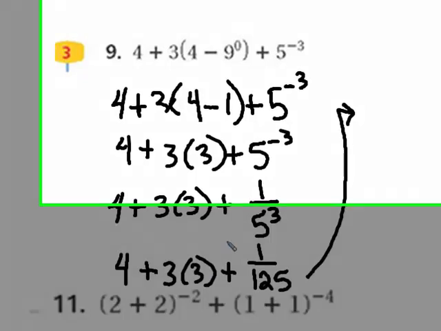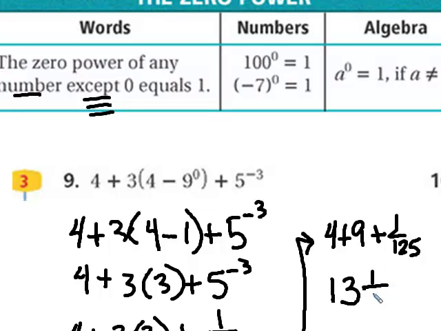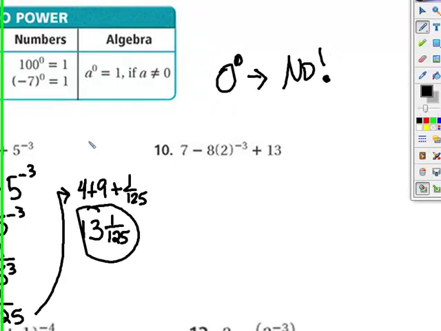So I'm going to do my multiplication. So I have 4 plus 9. 3 times 3 is 9, plus 1 over 125. 4 plus 9 is 13. And I'm just going to call this 13 plus 1 over 125, which is 13 and 1 125th. And I'm going to leave it right like that.